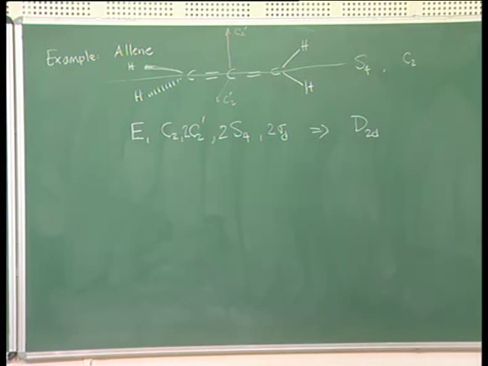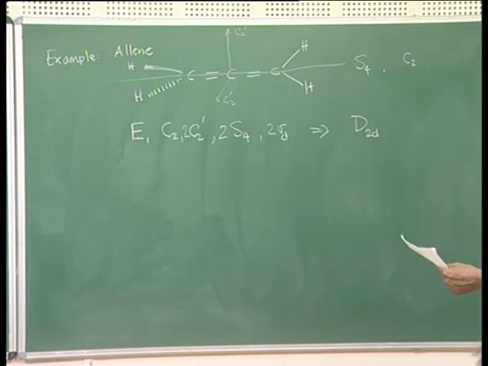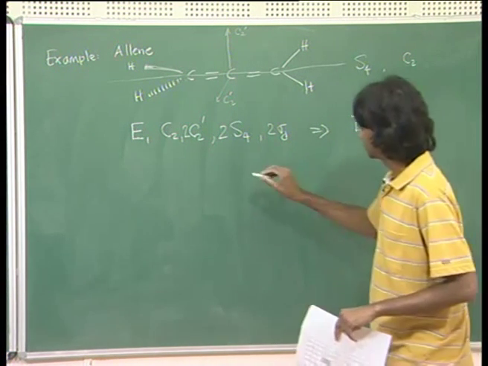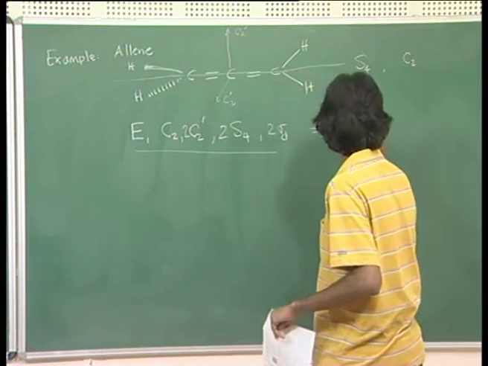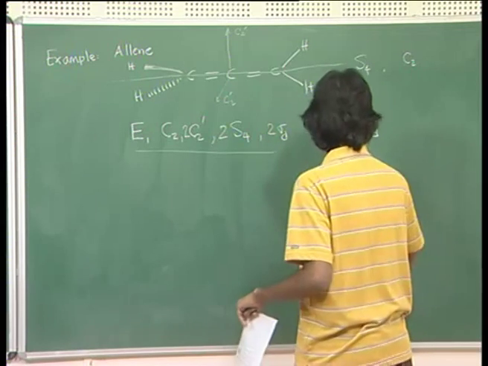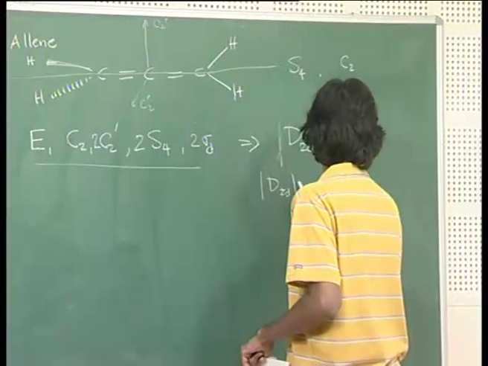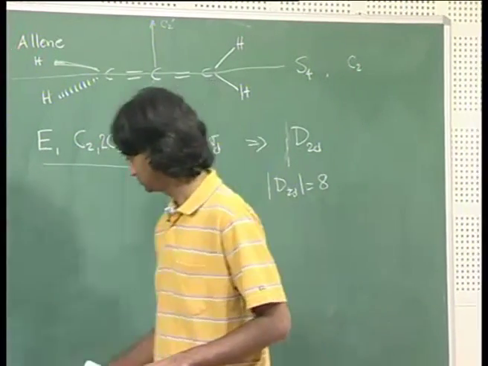It is D2 because this is a C2 axis, and there is no perpendicular C2 axis. So this set of operations gives this group, which is called D2d. The order of D2d is equal to 8.